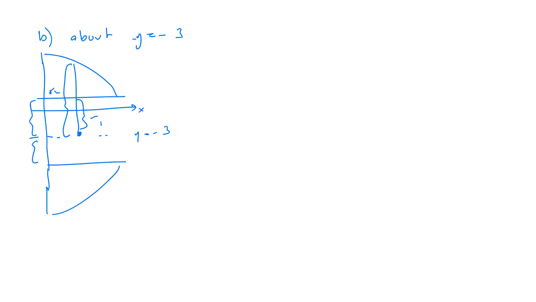So the area will still be the same. We'll still get the washer, so I won't draw it again, but the same picture as the last one. And we'll still get that the area of a circle is pi r squared. The only thing that has changed is the radius.